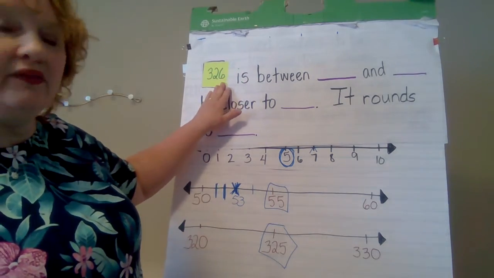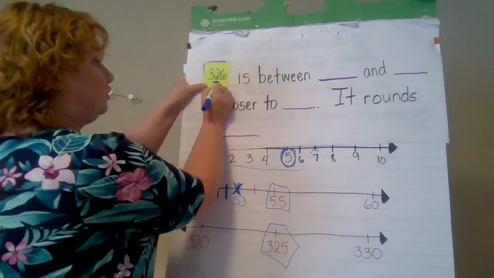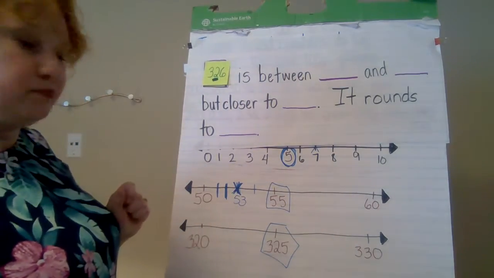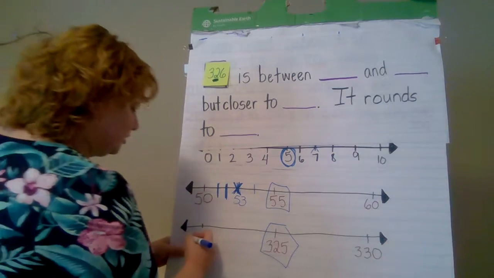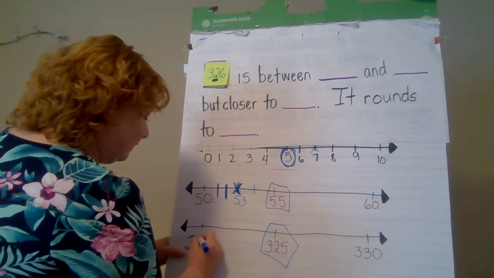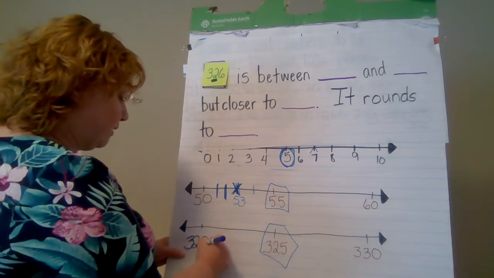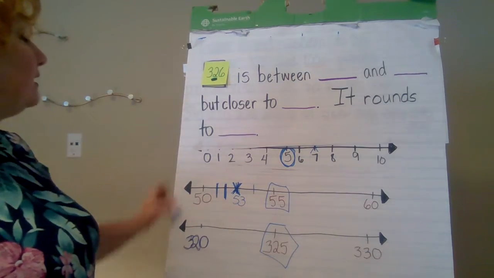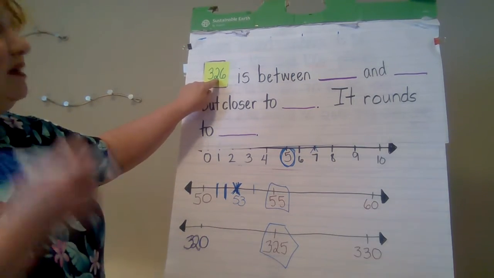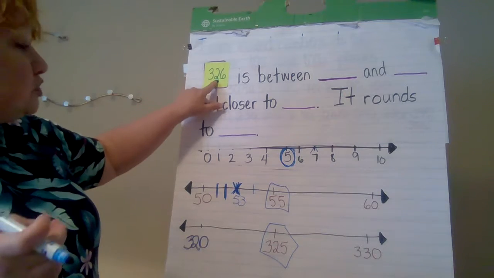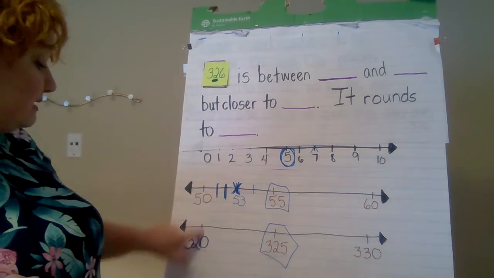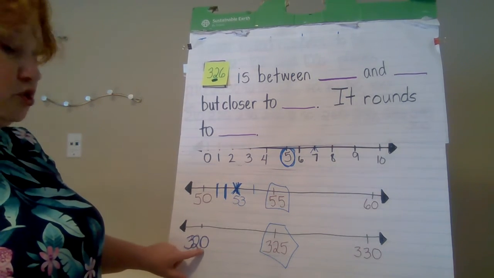What number will we look at first? Well, we know that is a 2 right there in our tens place. So what we do first is we write down the 3, then we write down the 2, and we put a 0 with it because it's 326. The 2 is in our tens place. So we're going to put 320.